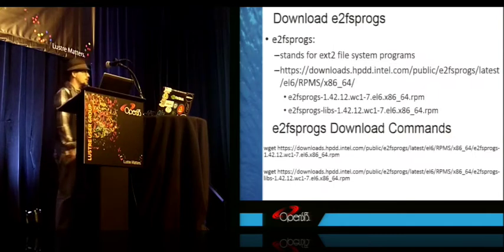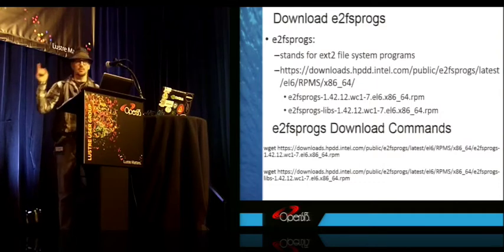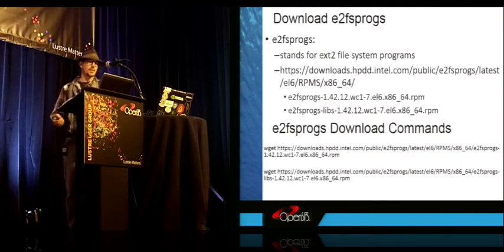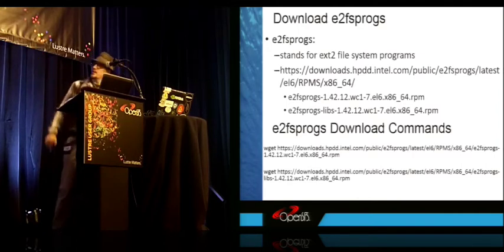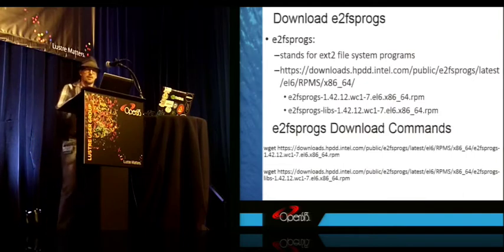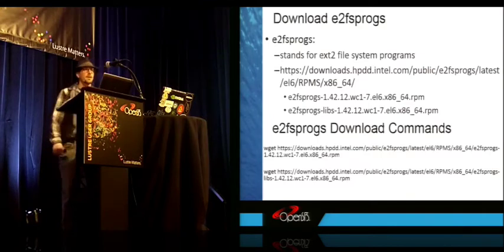Okay, so the first thing you need to do is get some of the software. You need to have e2fsprogs, and the URL for that is here. You can find it on the net pretty easily. And you need these 2 packages: the libraries and e2fsprogs. You can see that they were some of the ones built by Whamcloud, it's WC1, and then I just used wget to get them.